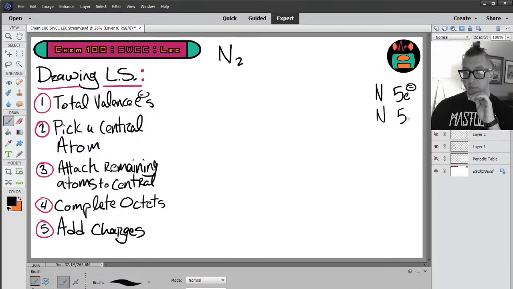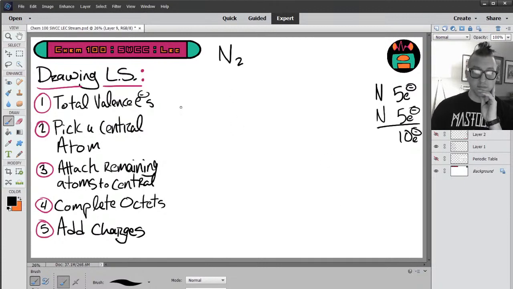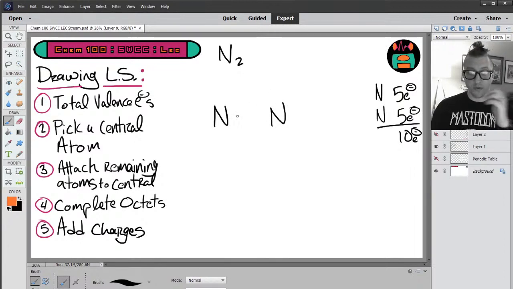We have 2 of them in play, giving us a total budget of 10 electrons. All right, again, no real central atom here because we only have 2 atoms present. And our first move is we need to attach them. So forming that bond will cost us 2 electrons, leaving us with 8.